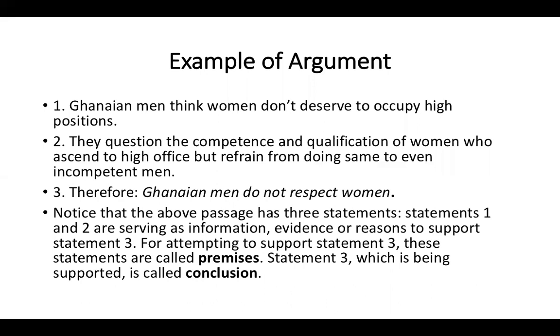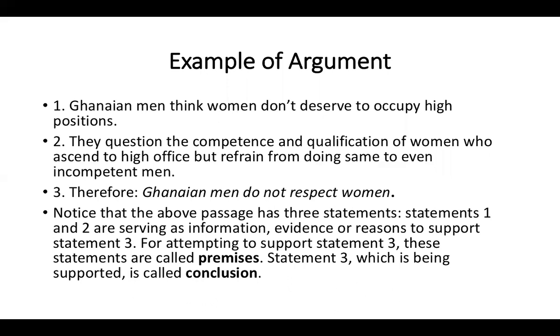You can see that statements one and two are providing information. And then statement three is like summarizing or interpreting statements one and two. Or statement three is a claim about Ghanaian men's attitude to women. And then that claim is supported by two statements that are providing detailed information to take that claim seriously.